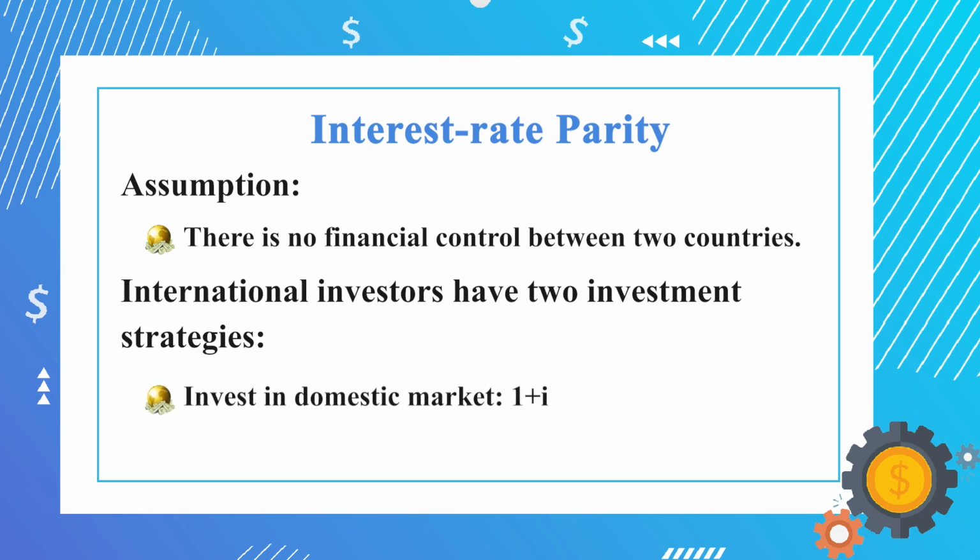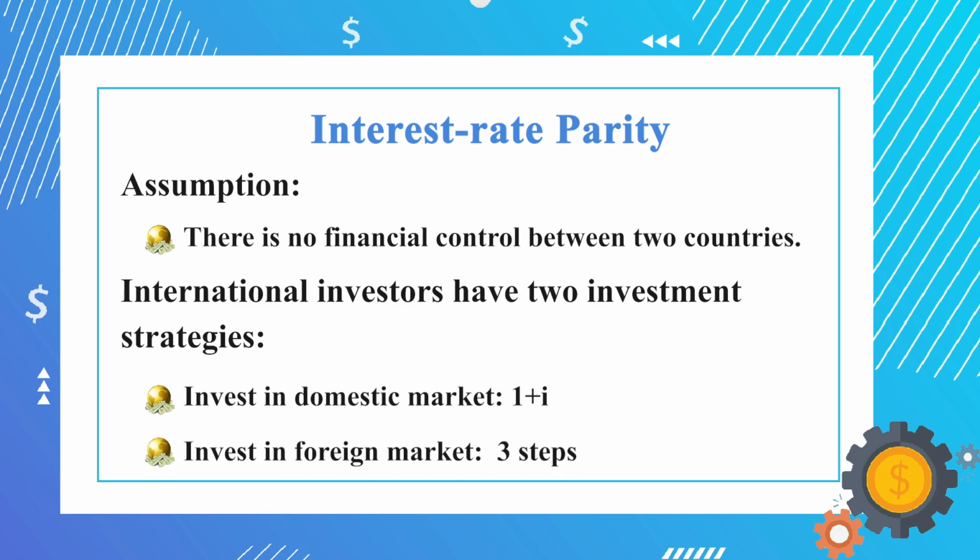One is to invest in the domestic market with 1 unit of home currency and invest for 1 year. If the interest rate of the domestic market is I, then the reward 1 year later will be 1 plus I. Another strategy is to invest in the foreign market.